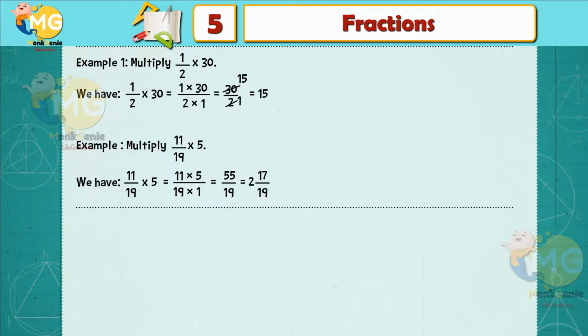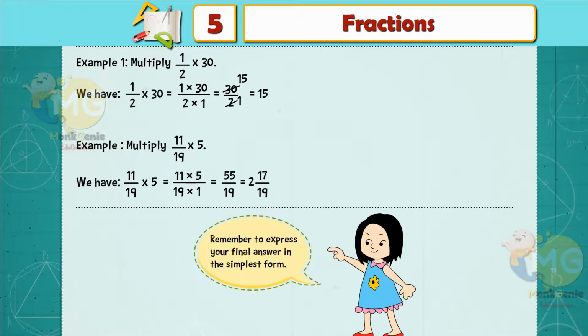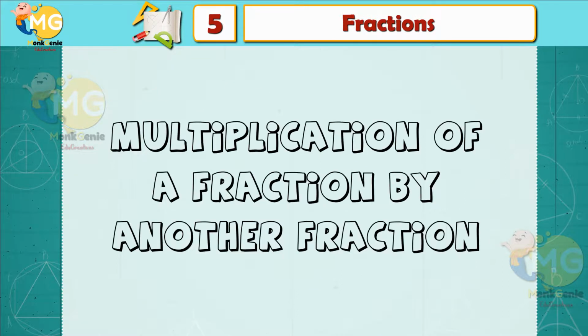We have 11/19 × 5 = (11 × 5)/(19 × 1) = 55/19 = 2 17/19. Remember to express your final answer in the simplest form.